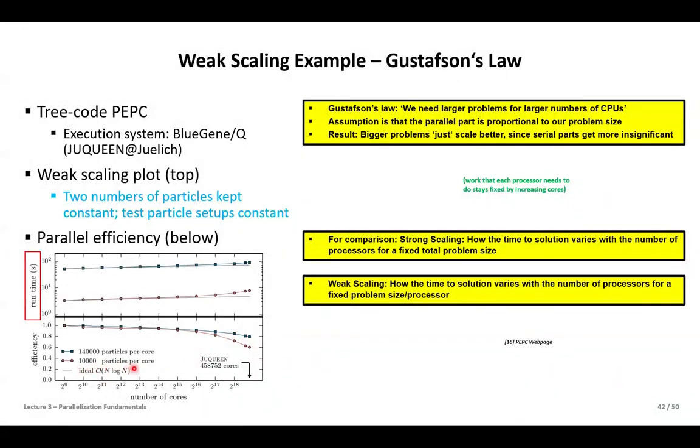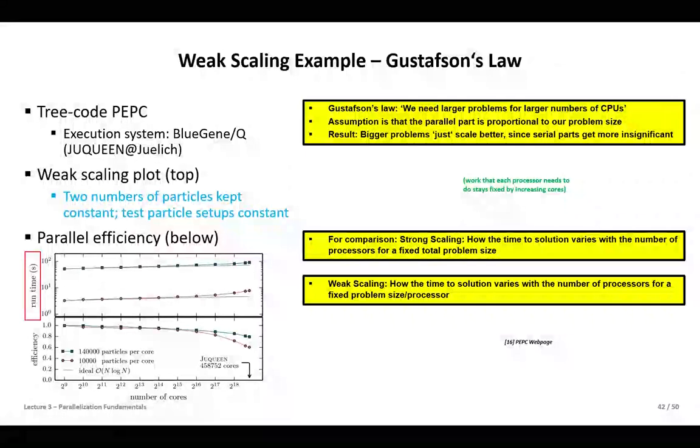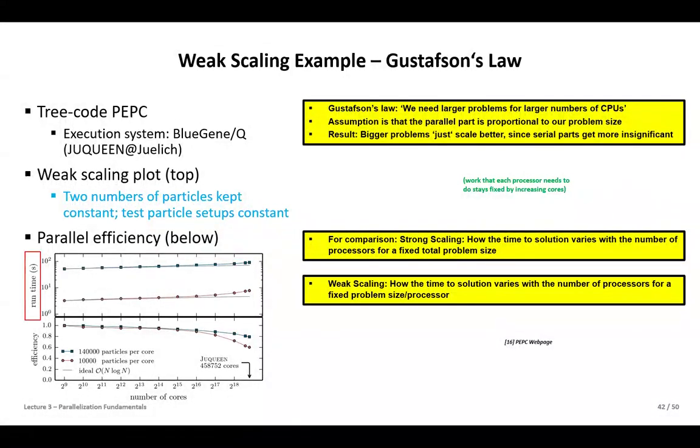You see 10,000 particles per core are breaking off quite a lot in efficiency after, let's say, 450,000 cores, possibly because there's essentially too much overhead in communication. So the computing is waiting for communication to happen to give me more particle interactions of the surrounding neighbors.